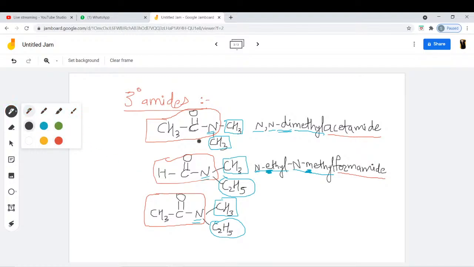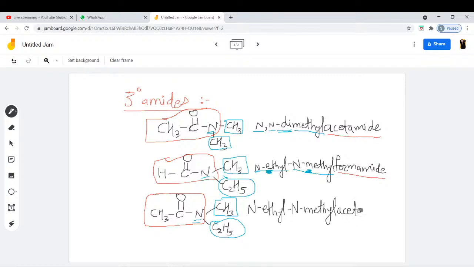So what will be its name? I think you can give its name. I'm writing N-ethyl, N-methyl acetamide. I think that was easy.